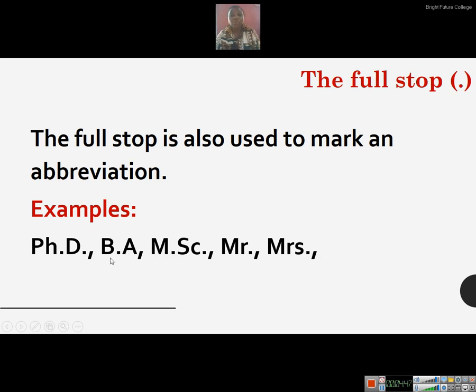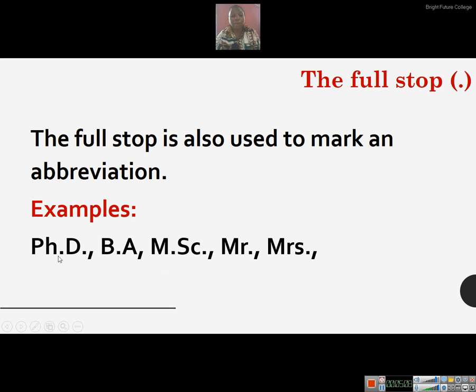Now remember that you don't just abbreviate words. Make sure you use abbreviated words that are widely known, words that have been abbreviated and everybody knows. Not when you're writing an essay and you feel, oh, this word is too long, let me just abbreviate it, and you do it yourself. No, make sure you use abbreviations that have been introduced and are known.